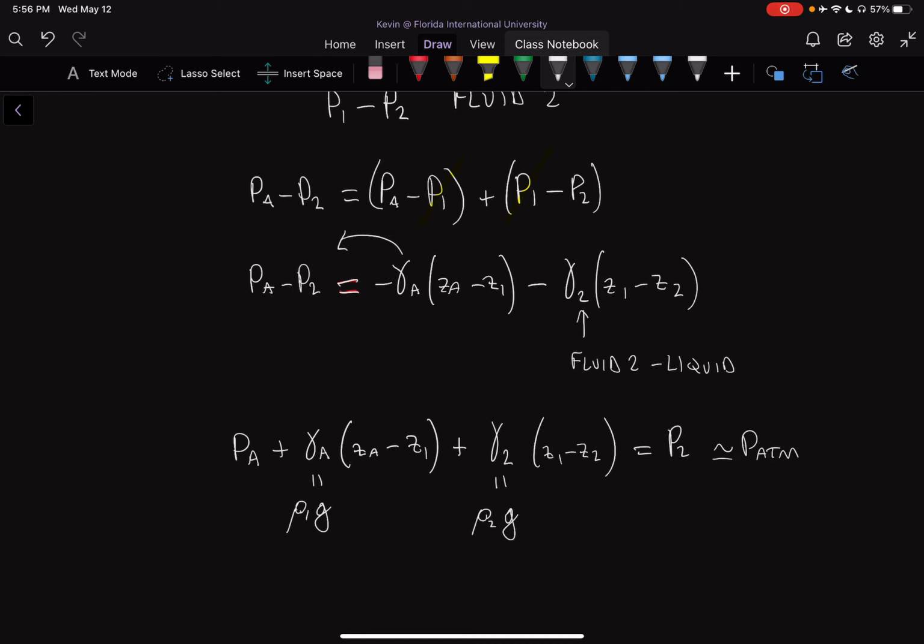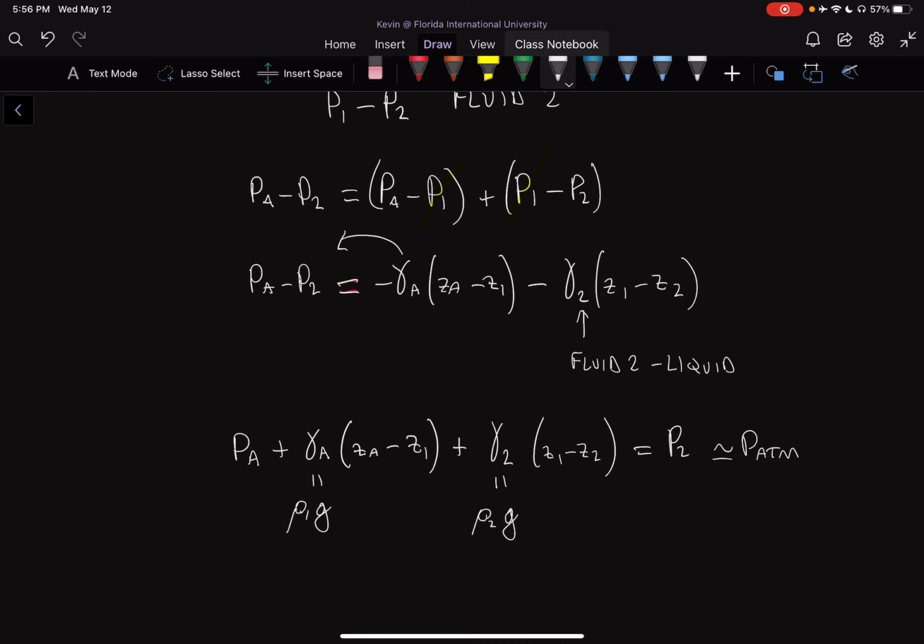Okay, so the next step, in the same way as before, is to figure out that we have A and B, and we know B, so we need to find A. So let's look at the pressure differential between A and B. We're going to travel along the system from point A to point B, from left to right.